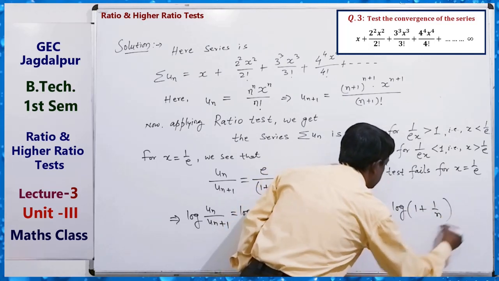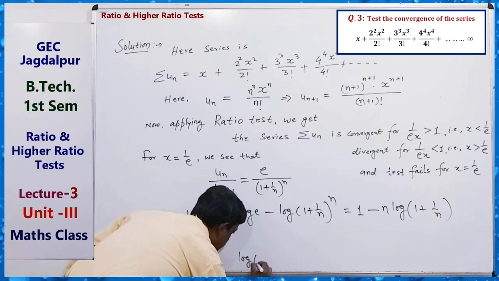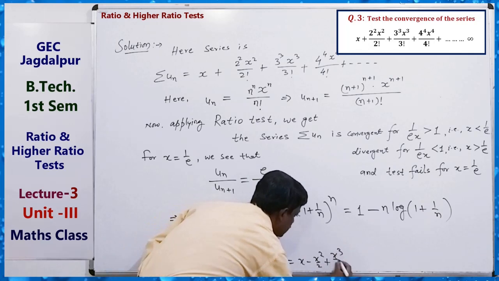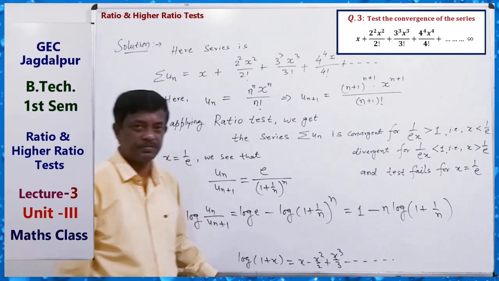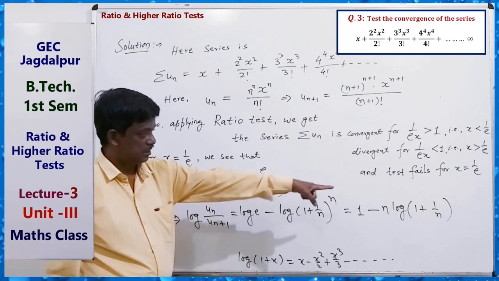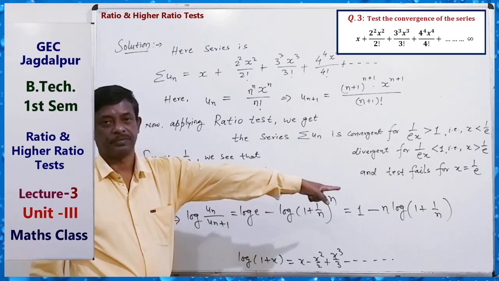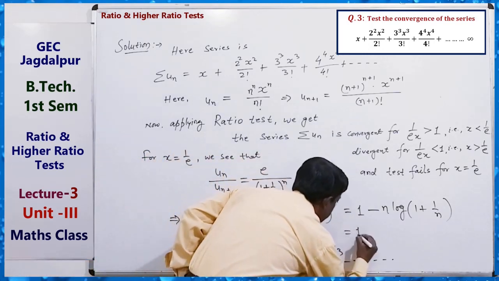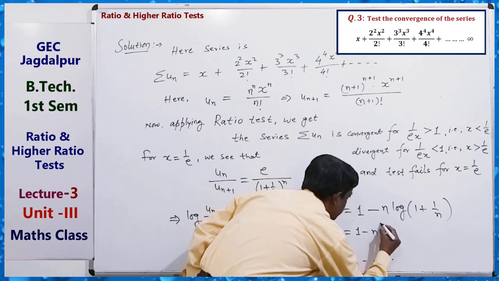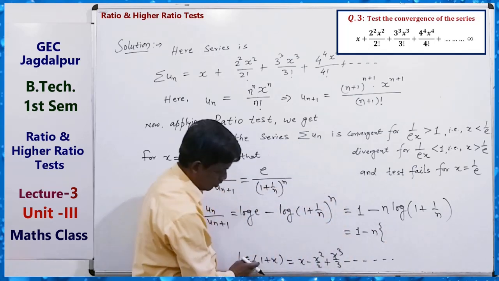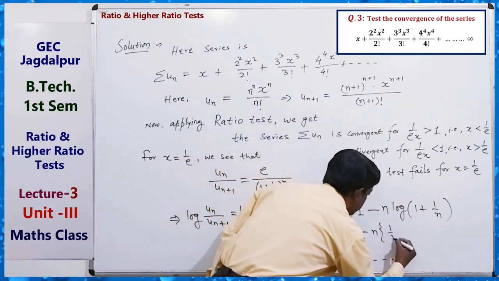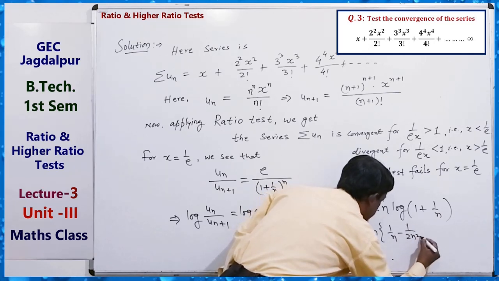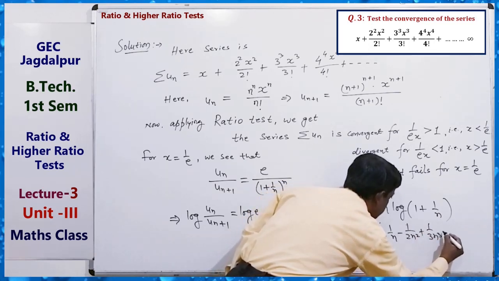1 by n. Now we know that log 1 plus x is equals to x minus x square by 2 plus x cube by 3 minus and so on. This is the logarithmic series, and it can be used here. So using this we can write 1 minus n of, with x meaning 1 by n, 1 by n minus 1 by 2 n square plus 1 by 3 n cube minus and so on.